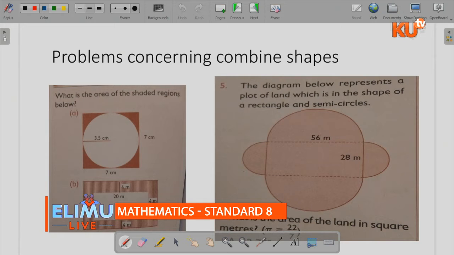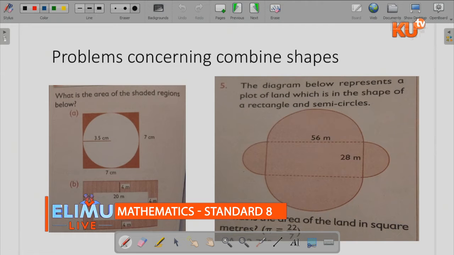How do you get the area of a rectangle? Area of a rectangle is length times width. That will be 56 by 28, which will give you 1568.